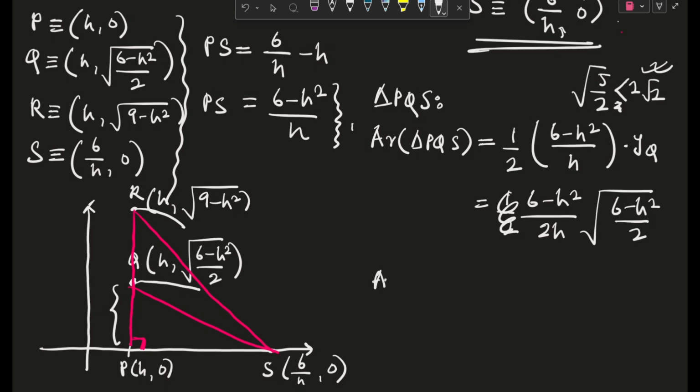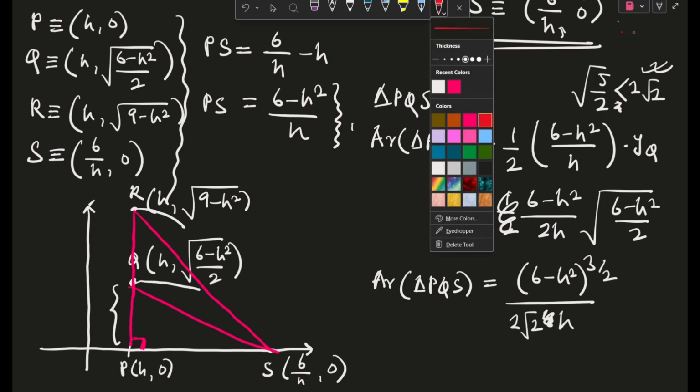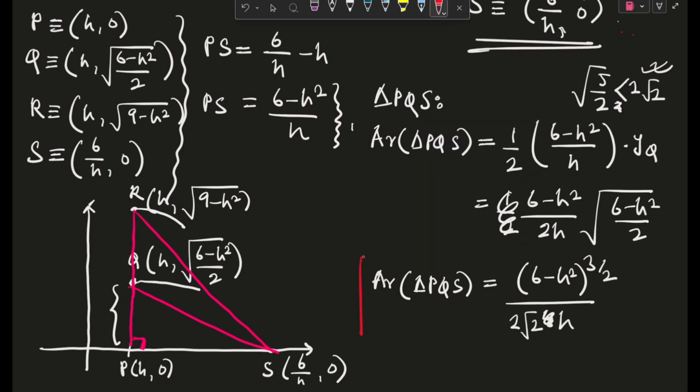So area of triangle PQS is coming out to be (6 minus h squared) whole power 3 by 2 by 4h. Okay, wait, not 4h, 2 root 2. It's 2 root 2 h. Yeah, this is your value of triangle PQS area.